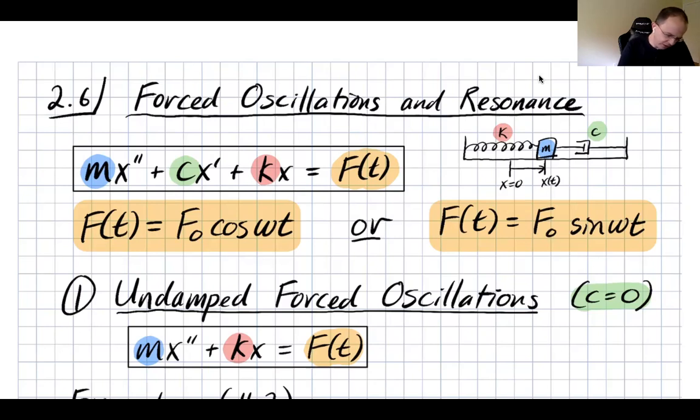A spectacular example can occur when a column of soldiers marches in step over a bridge. Any complicated structure, such as a bridge, has many natural frequencies of vibration. If the frequency of the soldiers' cadence is approximately equal to one of the natural frequencies of the structure, then just as in our simple example of a mass on a spring, resonance will occur.